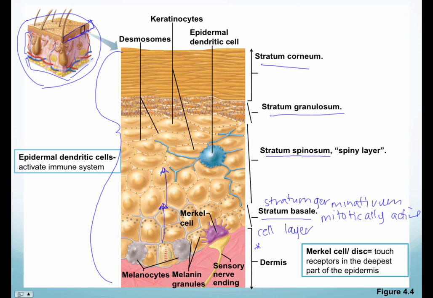That's why we also call this a layer that has the stem cells. Stem cells are cells that can differentiate and form any other type of cells. So we start off with the stratum basale, and then we can form these other cell layers.